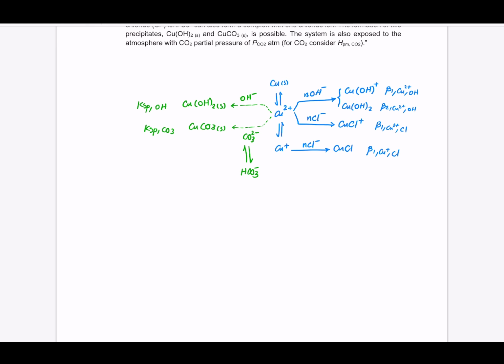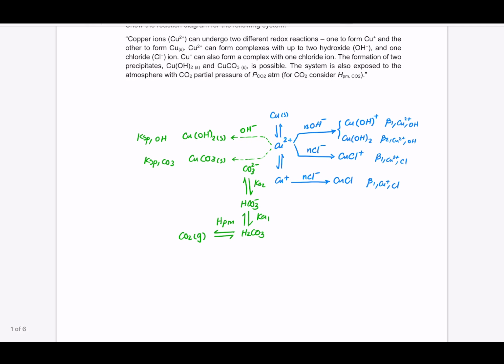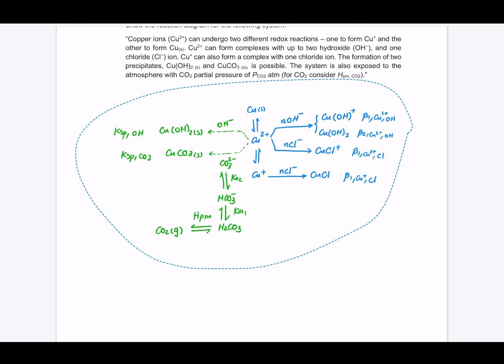The expression that describes this is Ka2, and then this is in equilibrium with H2CO3, Ka1, and now this is in equilibrium with air, open system, with CO2 gas, and this would be KH. So, and that's it. No more information is given. So this is basically the whole reaction diagram for this given system.